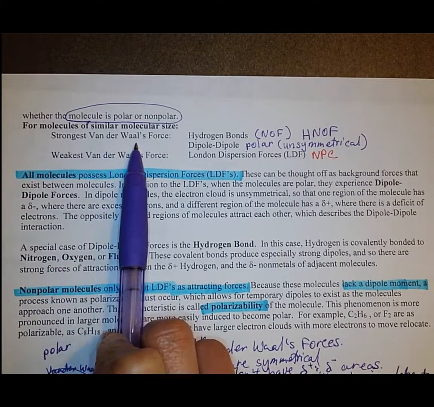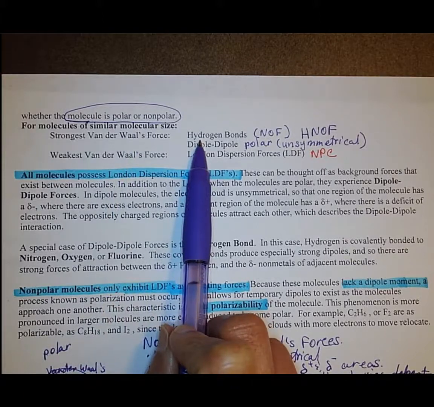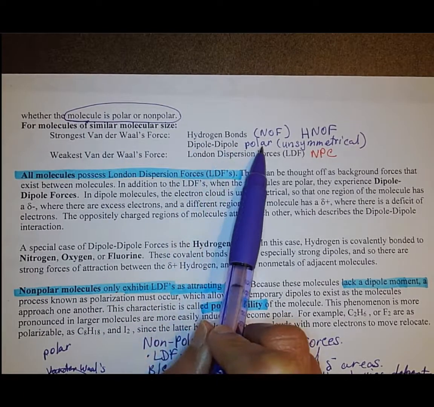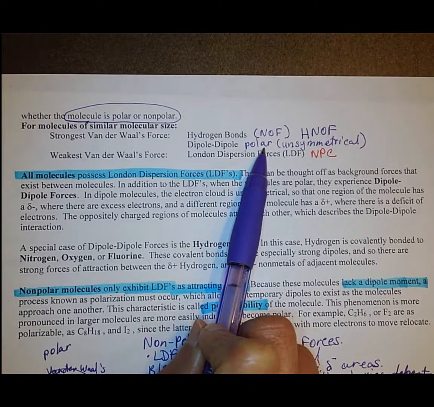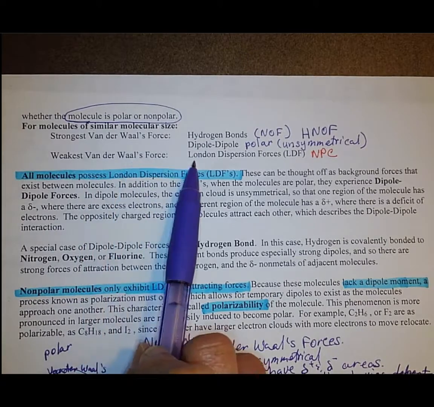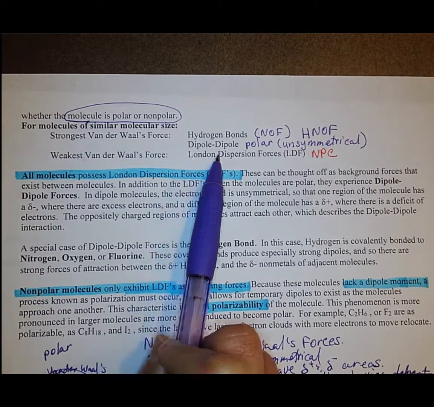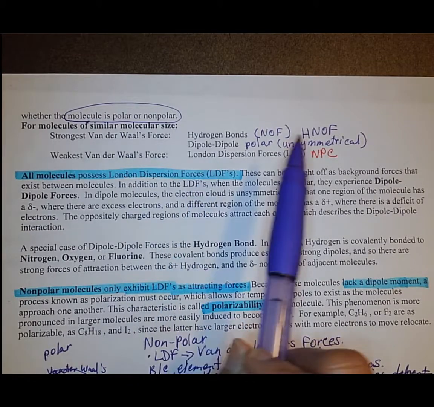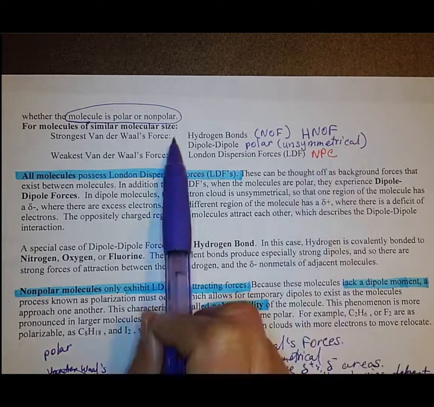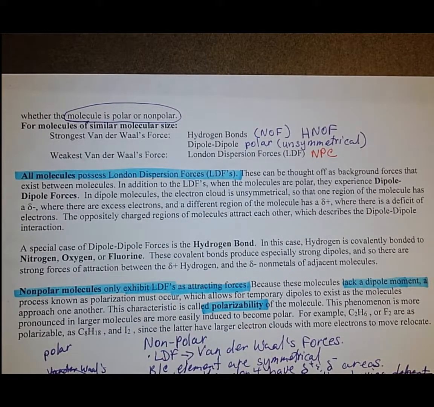Stronger van der Waals forces are polar, and examples would be hydrogen bonds or dipole-dipole, which is a polar covalent bond. Your weaker van der Waals forces would be just London dispersion force, which would be our nonpolar covalent. So these are our different types of IMFs, or intermolecular forces.